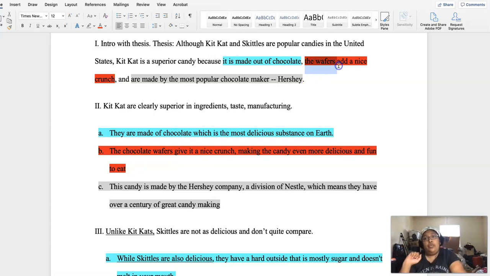Look at that. The red goes with the red. And so the gray goes with the gray. So the last thing I'm going to talk about in the Kit Kats is the Hershey Company, the manufacturer, which is gray. One, two, three, in the order that I said I was going to talk about it, I talked about it in this one paragraph.